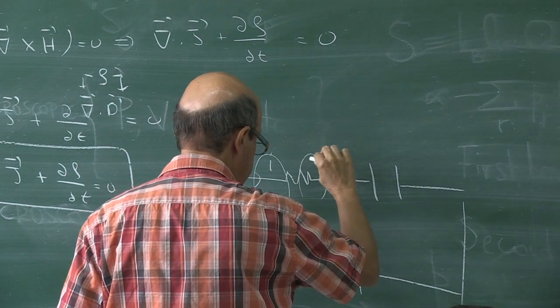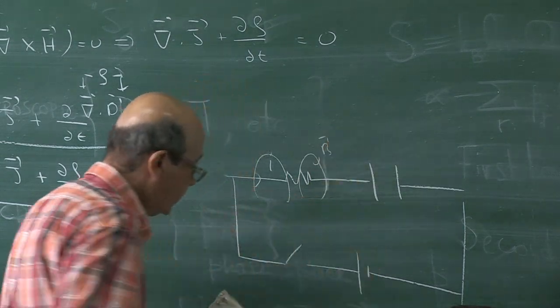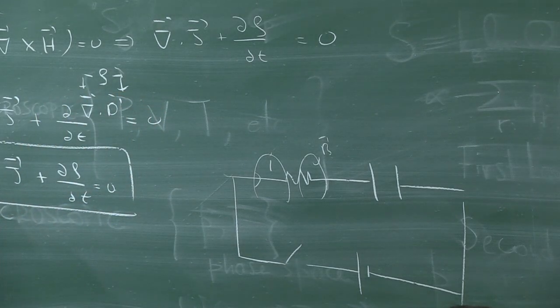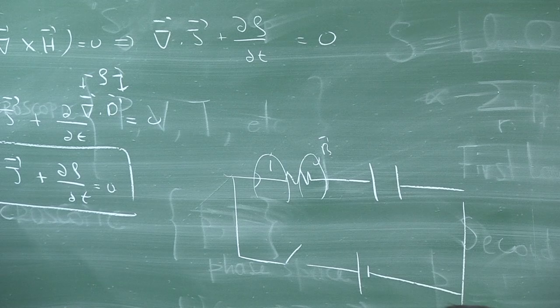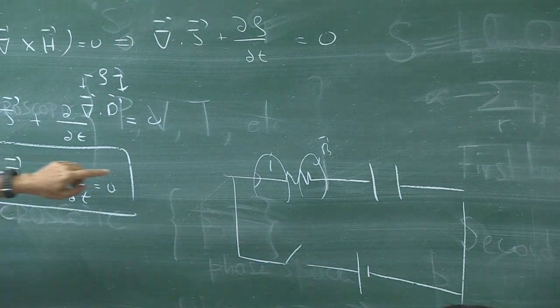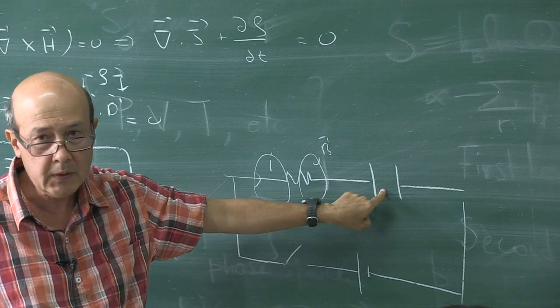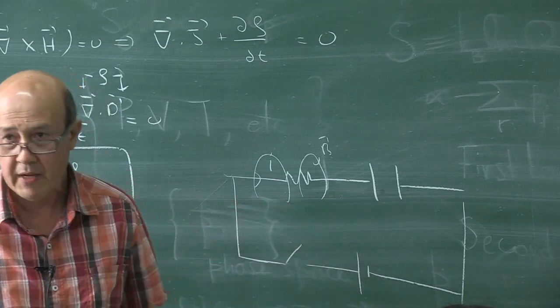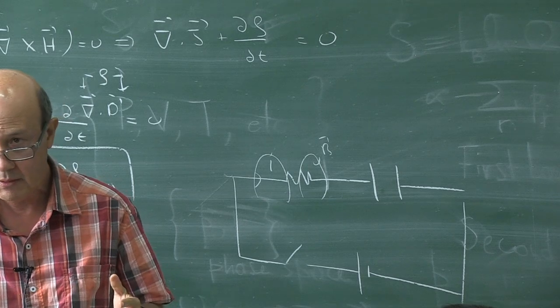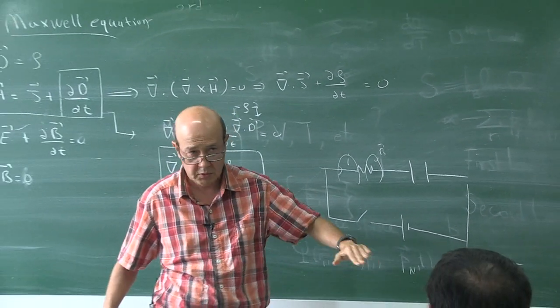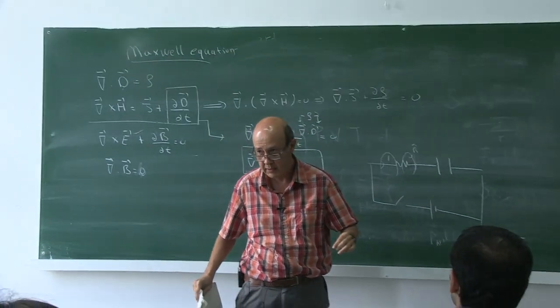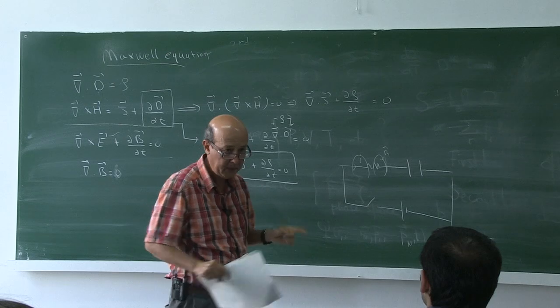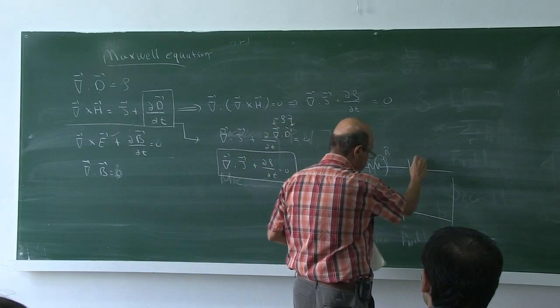But if you took Ampere's law alone, when you look inside the capacitor, you shouldn't have any magnetic field. The magnetic field should drop to zero sharply. But this is not the case. There's a magnetic field inside the capacitor.